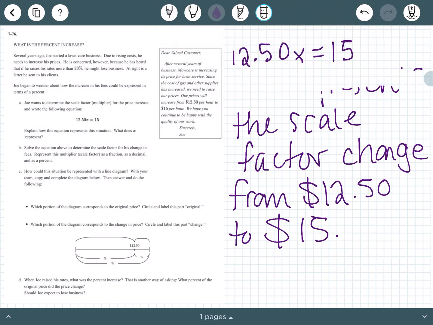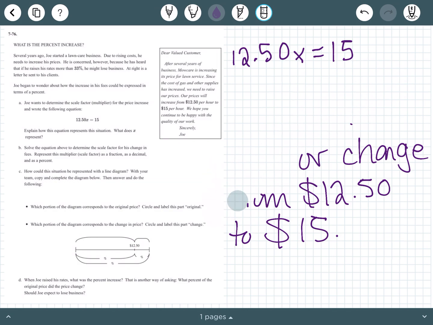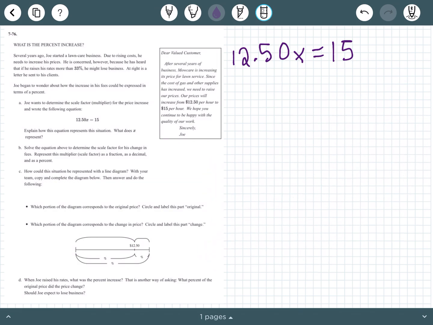I'm going to leave my equation since we are solving for x. I have 12.50x equals 15. So this 12.50 is 12.50 times x. To undo that, we would divide by 12.50 on both sides.